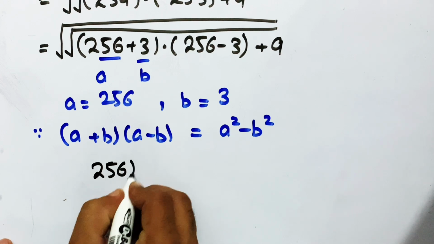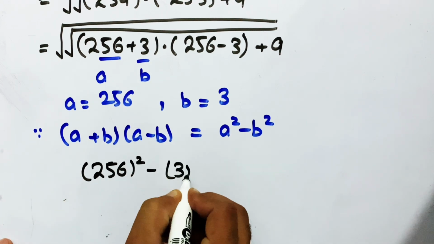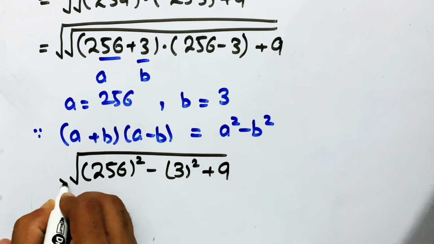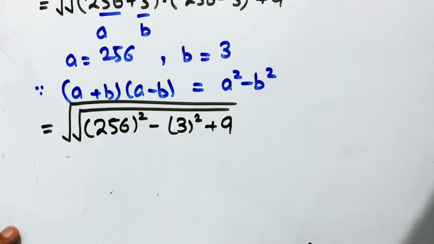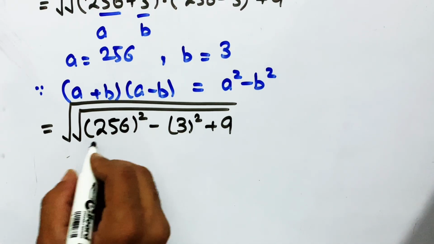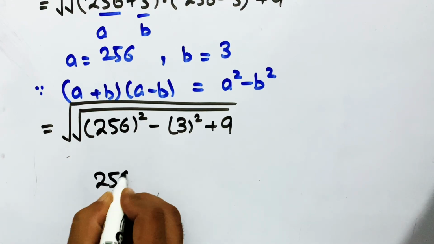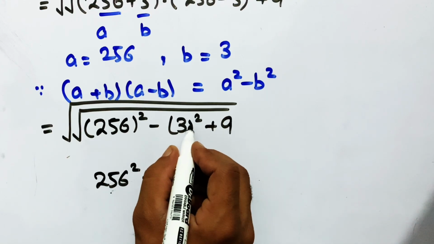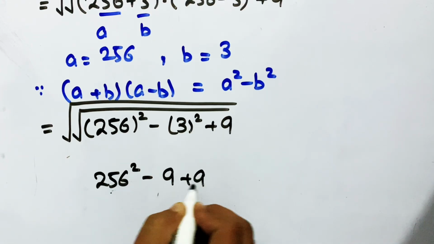So our equation becomes 256 squared minus 3 squared plus 9, under the square root. That is 256 squared minus 3 threes are 9, plus 9.